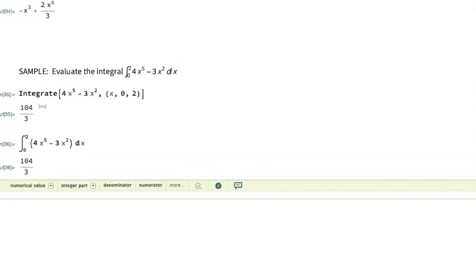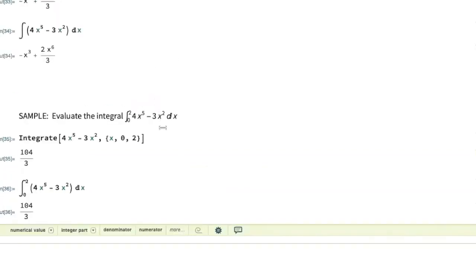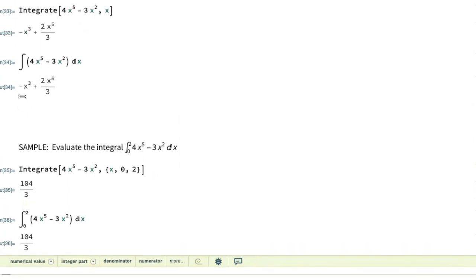And remember, the way that you calculate this definite integral by hand would be to, first of all, find the integral, which was negative x cubed plus 2x to the 6th over 3. Then you substitute the top limit of integration in first, and you subtract what you get when you substitute the lower limit. Just a little refresher.